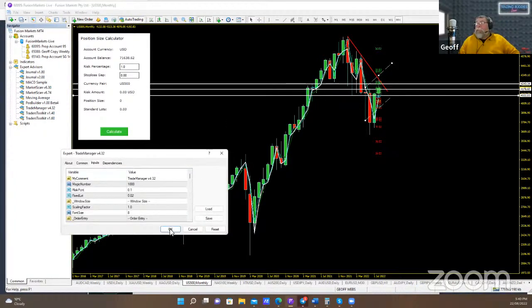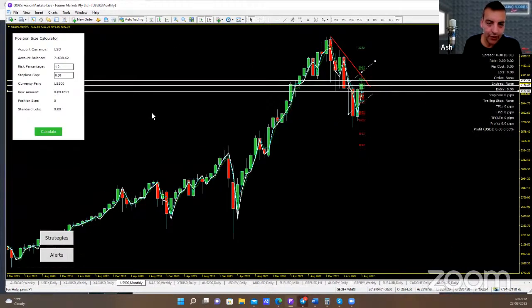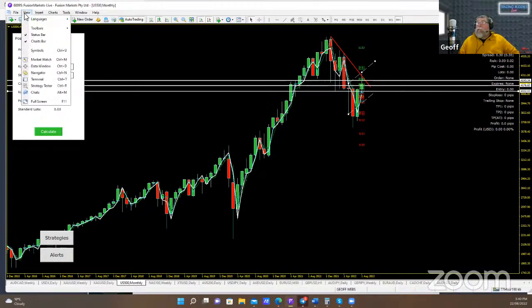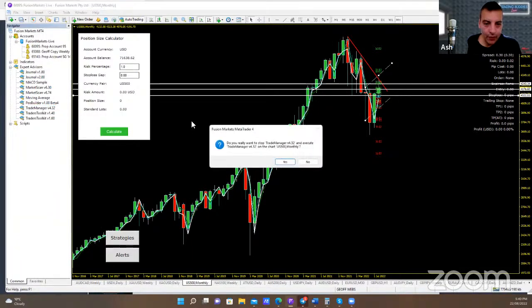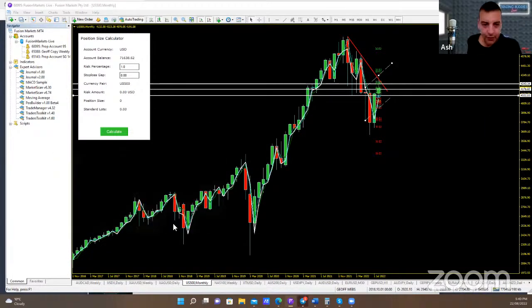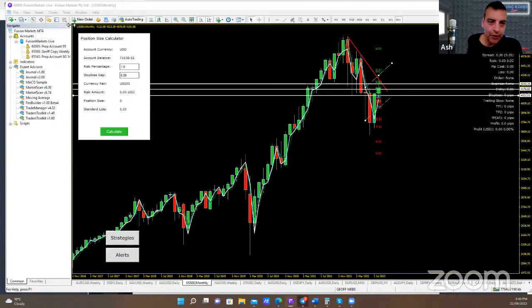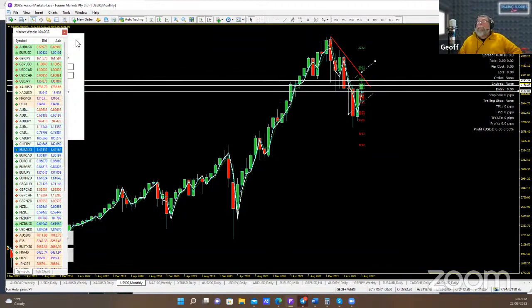Then if you hit cancel, drag it on again, and when it comes on, hit cancel rather than okay. Do I really want to stop trade manager and execute? Yes, I do. And then cancel. But this thing stays there. Oh no, you wanted to hit cancel there rather than okay. Of course I did. Okay, let me try it again. Hang on, let me get the right button.